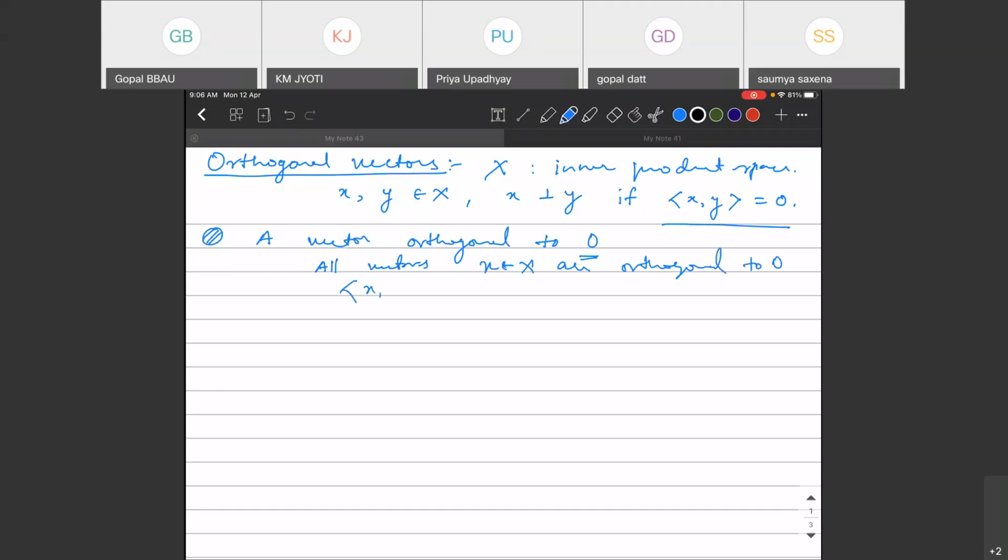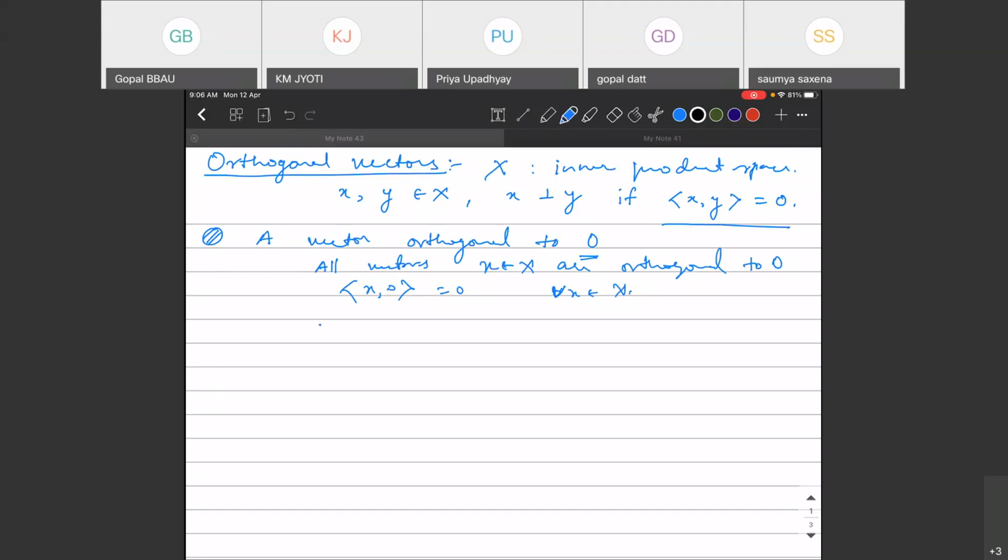This can be easily seen from the fact that the inner product is 0. So 0 is a vector which is orthogonal to itself, and there is no other vector.